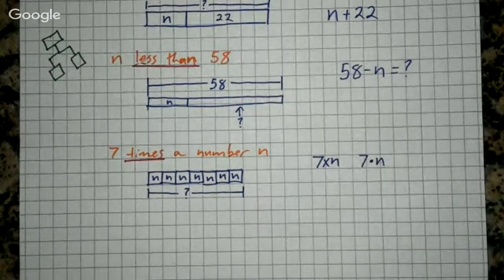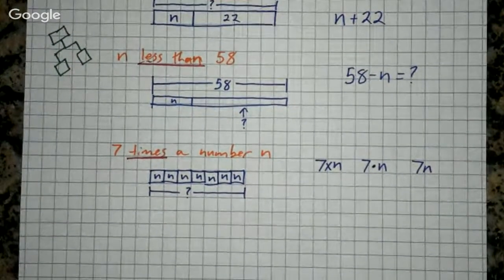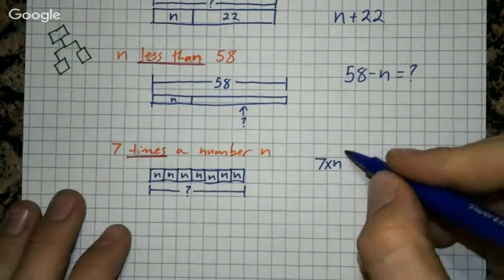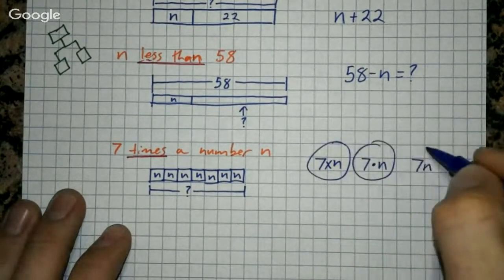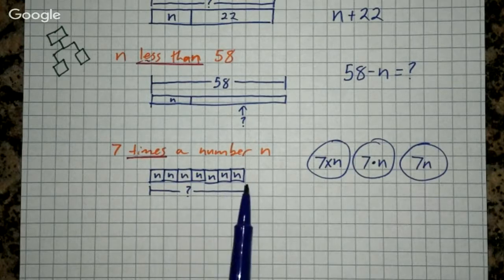That's the same thing as saying times. And then finally, with a variable, you can just put the letter and the number next to each other. And all of these would all be representing 7 times n. And we have one more we haven't talked about now.